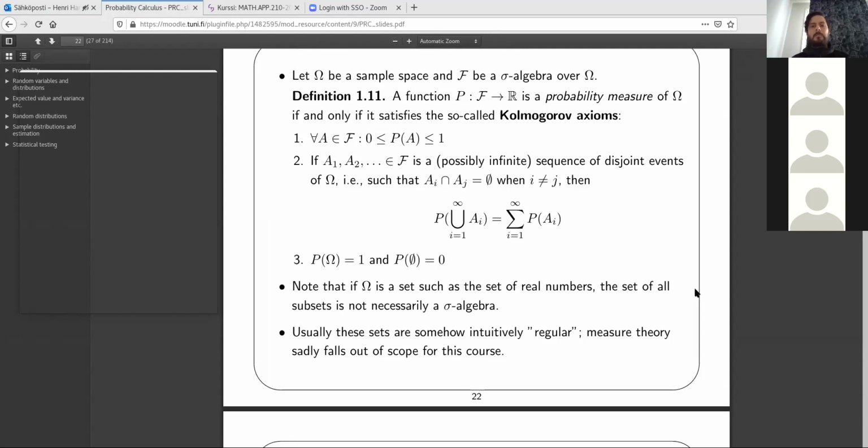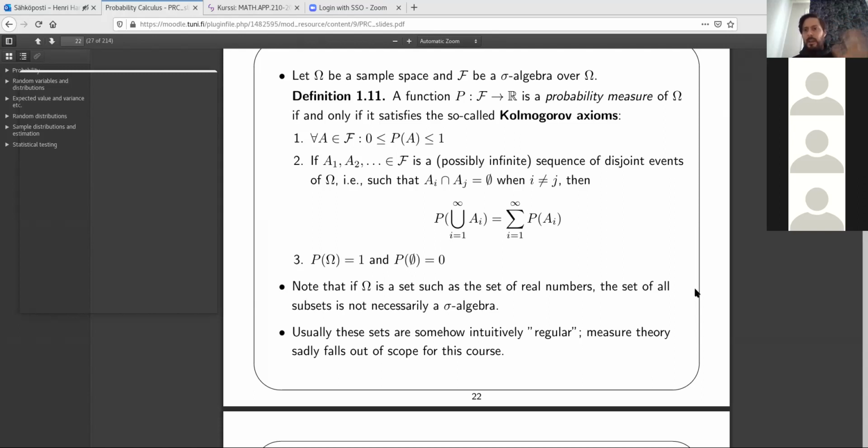So we must be able to ascribe a probability measure to each of the events. And the probability measure has to satisfy the idea that it's always between 0 and 1. The probability measure of the whole sample space, so that you get some result, is 1. Probability of the empty set, nothing happening, is 0.